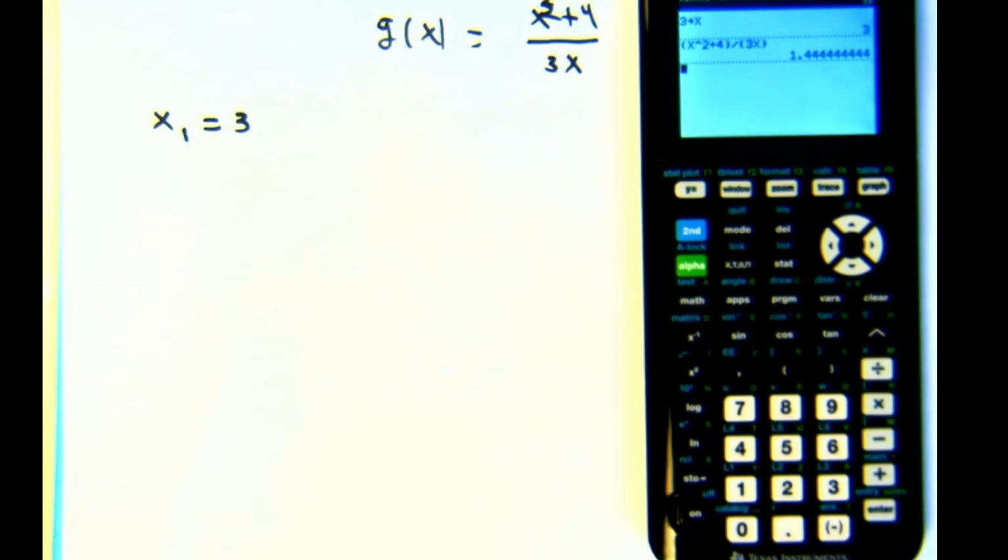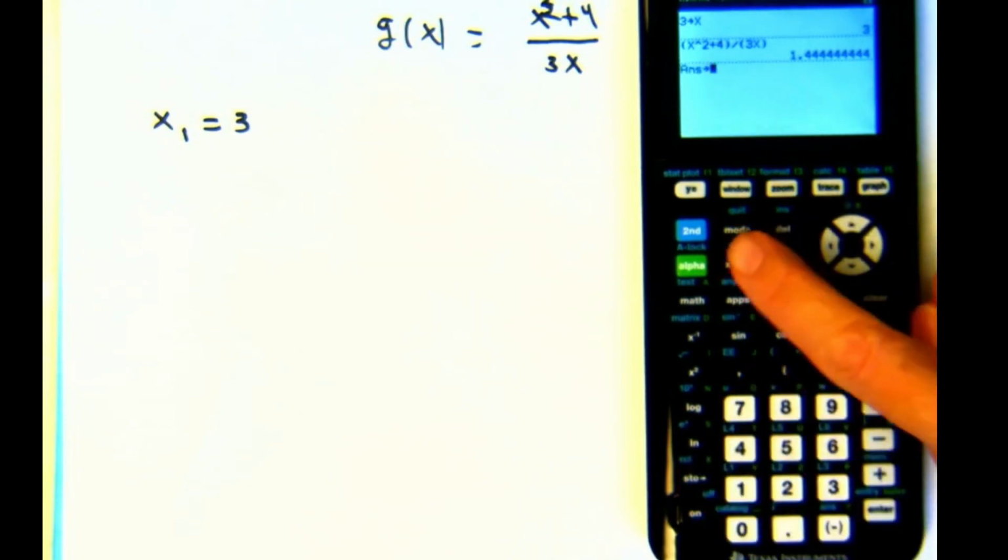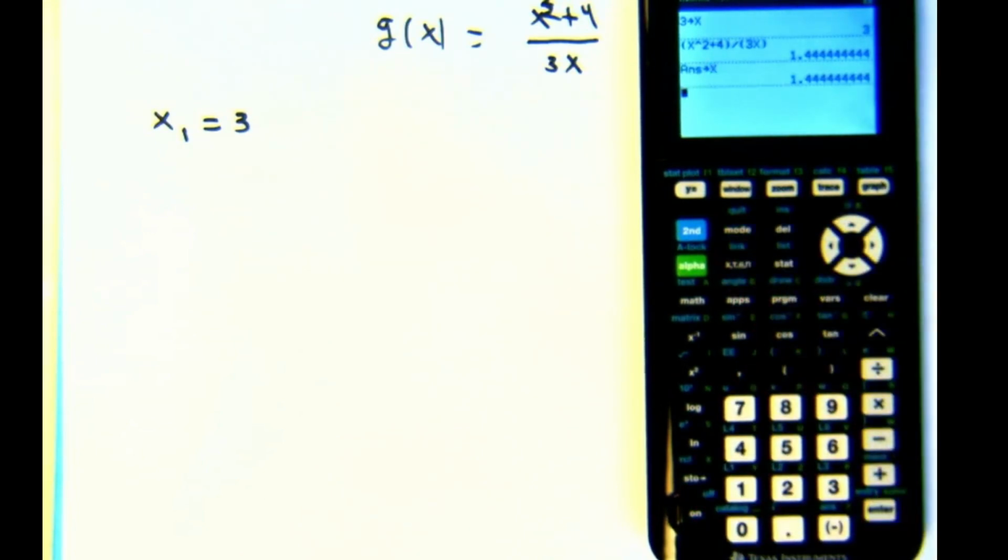I'm going to use my calculator tricks to make this less painful than it would otherwise be. I'm going to start at x1 equal to 3. I store 3 into my x variable, and I calculate the value of g at that x. I get 1.4 repeating. Then I'm going to store that into the x variable.